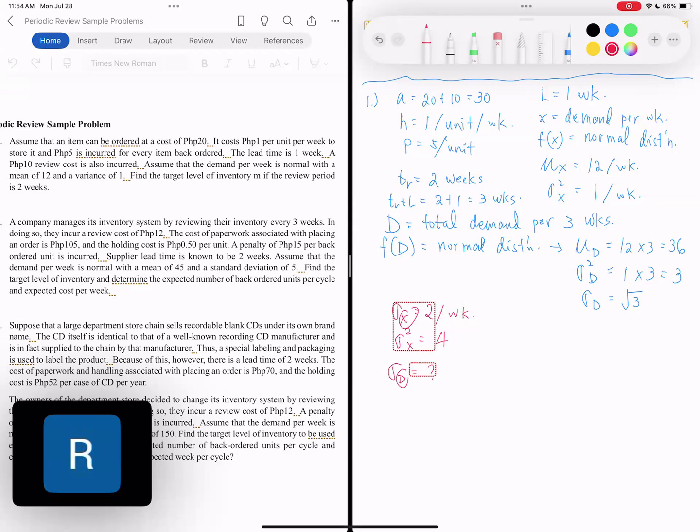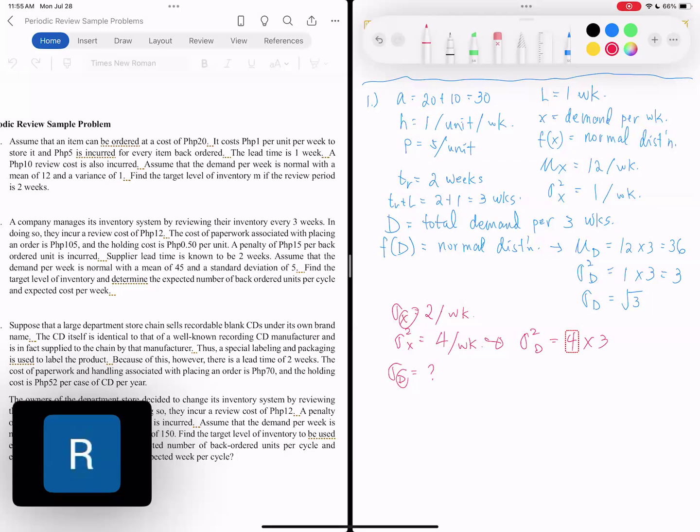Since this is 4 per week, all you have to do is calculate the variance of D. You convert the 4, which is 1 week, into 3 weeks.